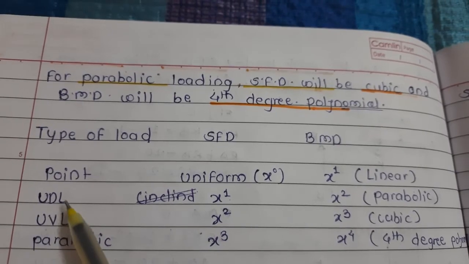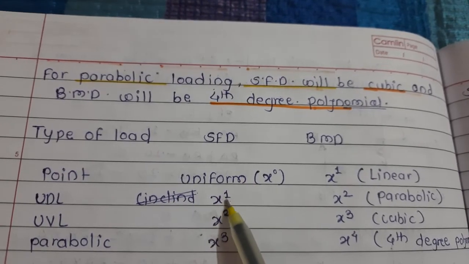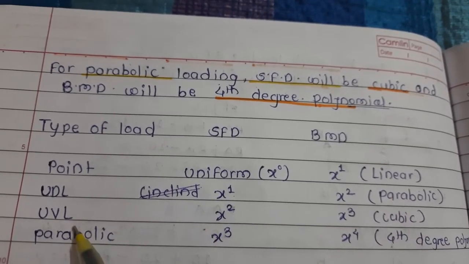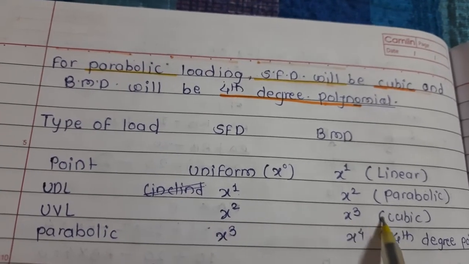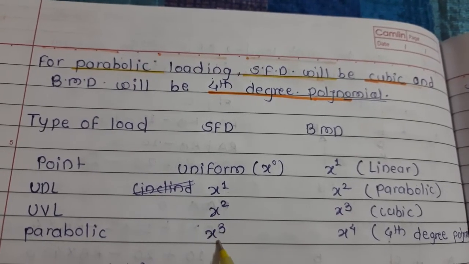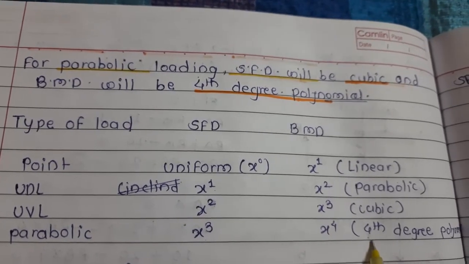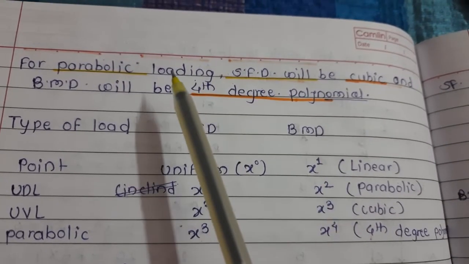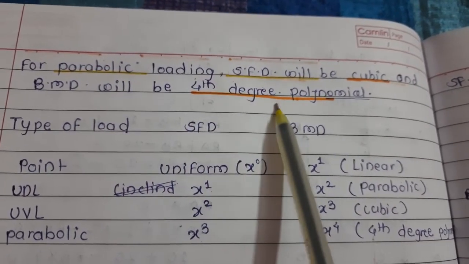In UDL type of loading, SFD is linear and BMD is parabolic. In UVL, SFD is parabolic and BMD is cubic. In parabolic loading, SFD will be cubic and bending moment will be a 4th degree polynomial.